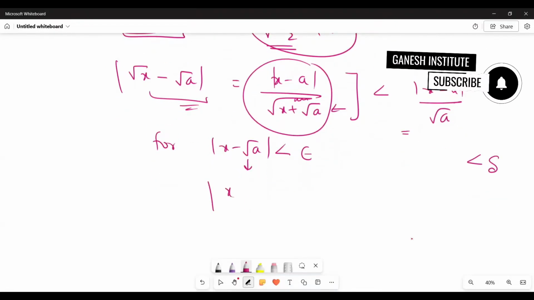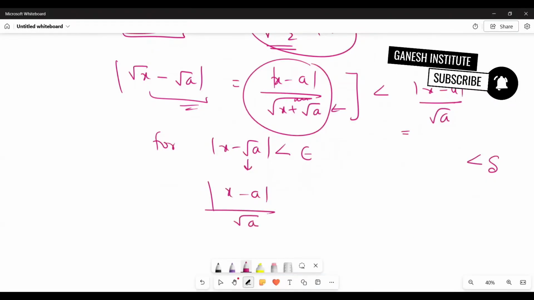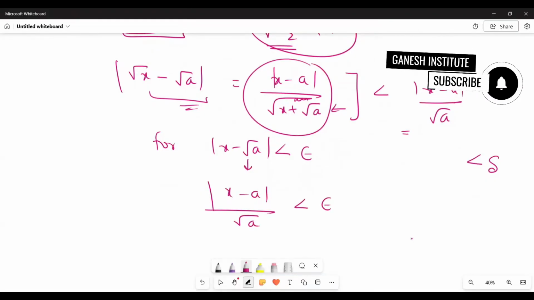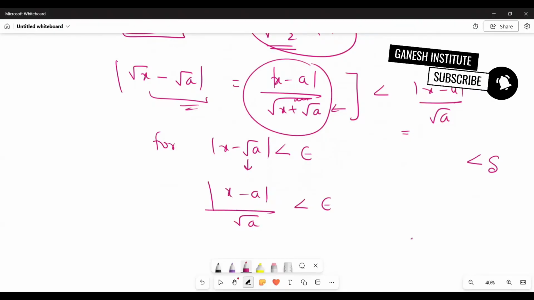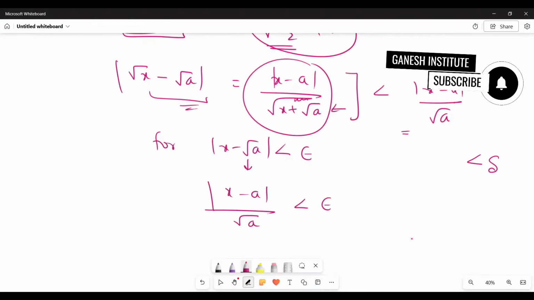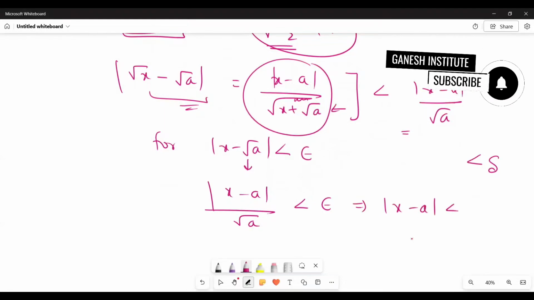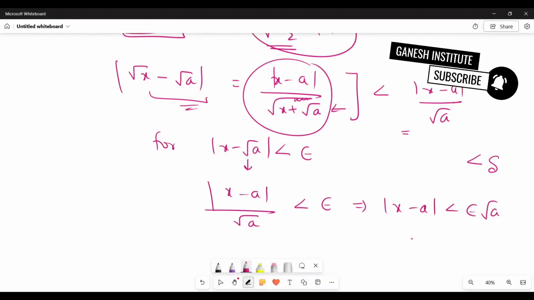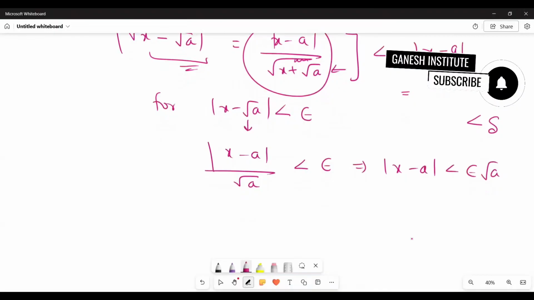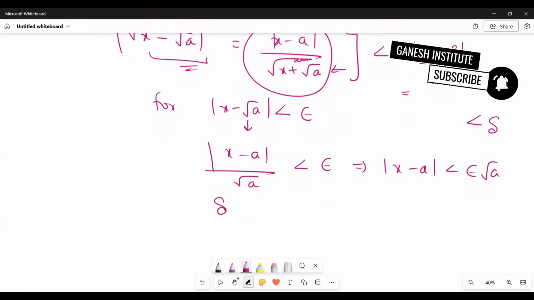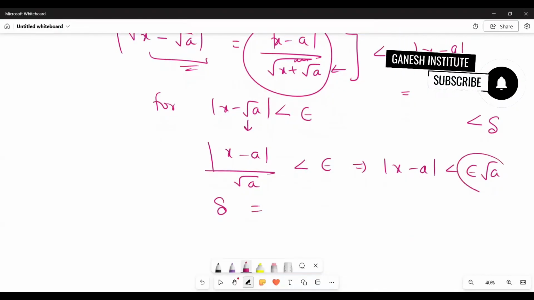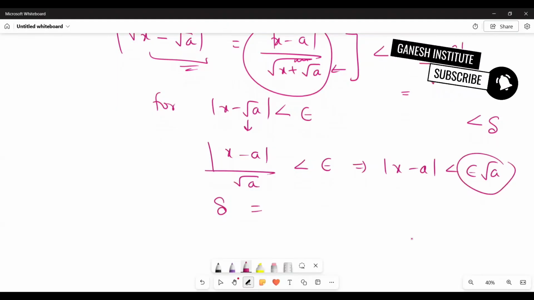That means x minus a upon root a is lesser than epsilon, right? Then you can bring this root a onto the right hand side. This will give you some sort of this. So you can choose delta anywhere in the neighborhood of epsilon root a.